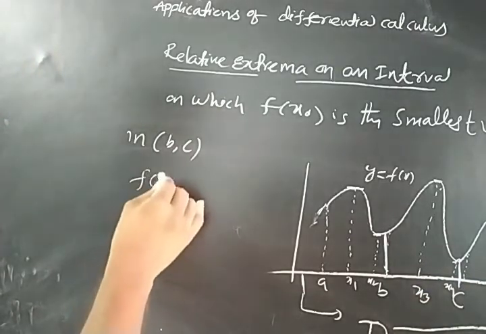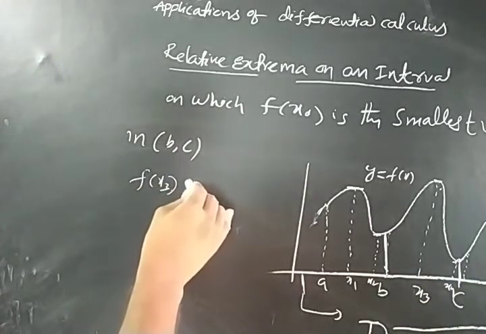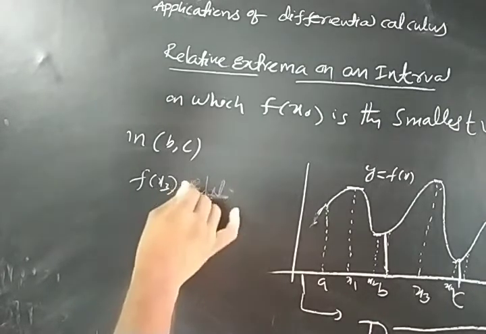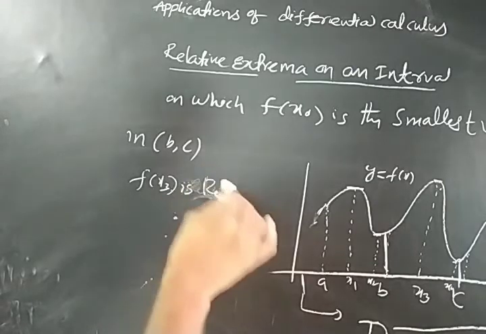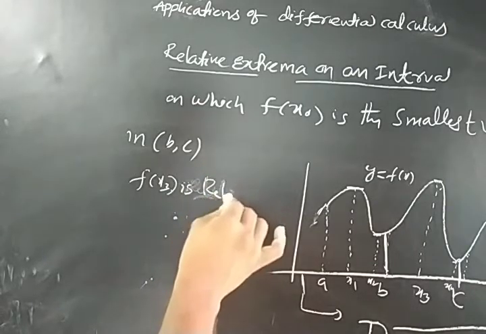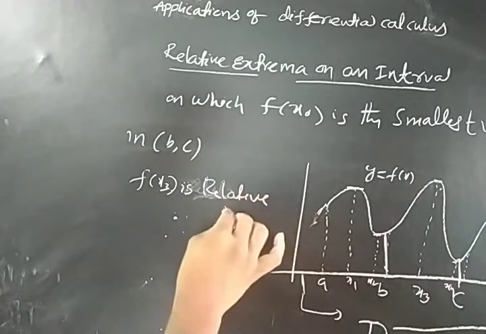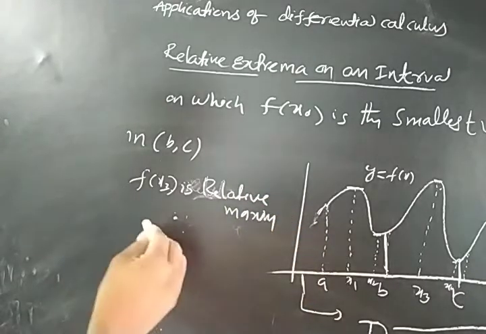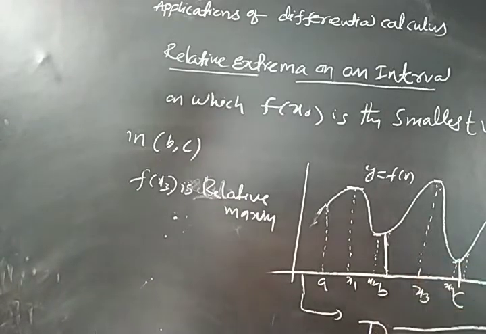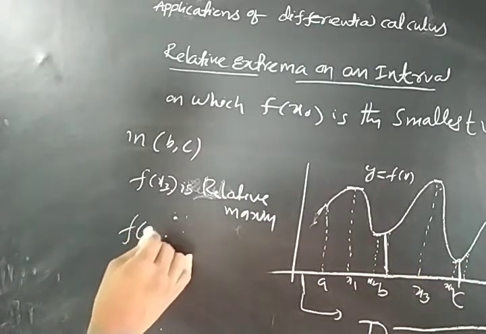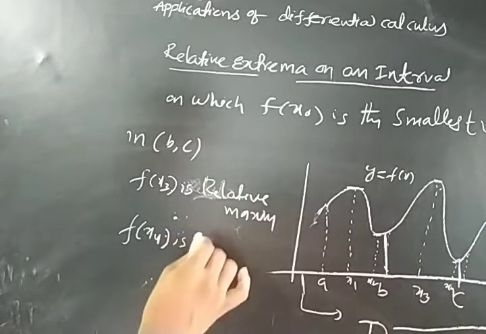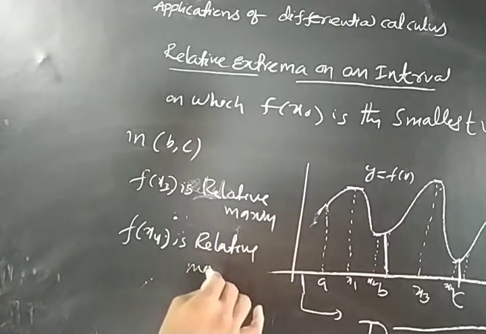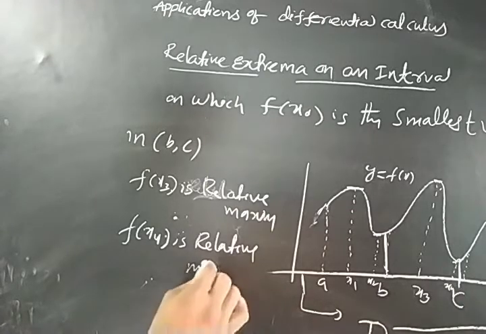So f of x3 is known as relative maxima in open interval B to C. And at x4 I am getting the minimum value of the function. So f of x4 is relative minimum, or you can say relative minima.